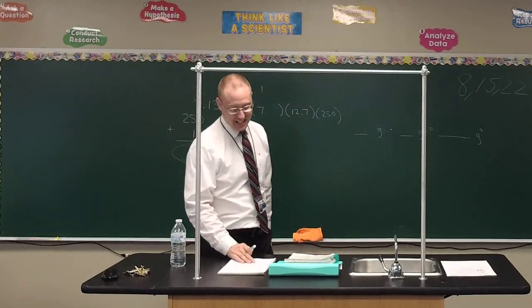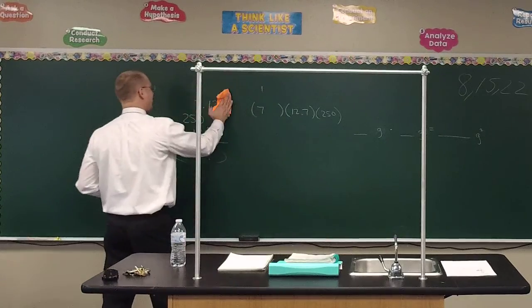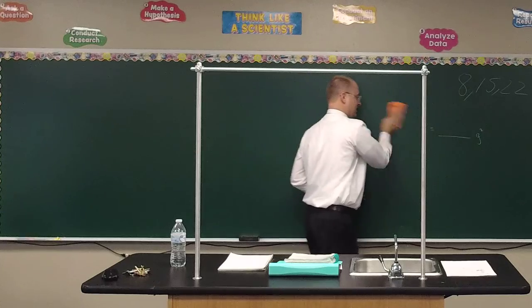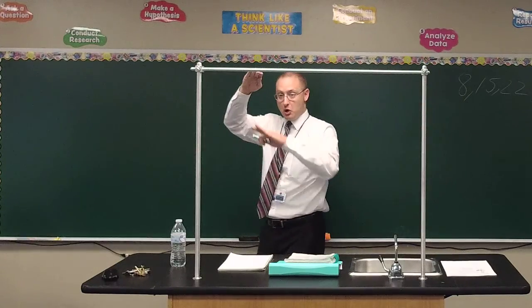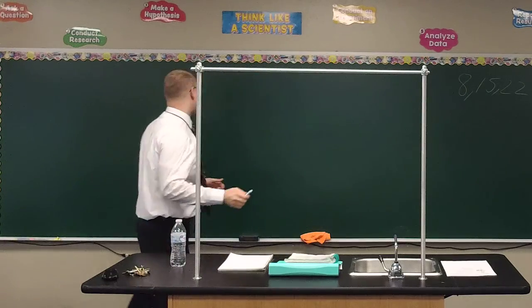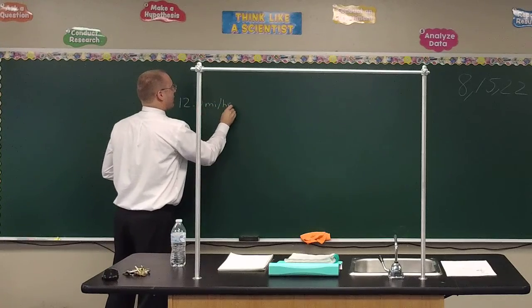All right, let's practice with a little of these units as we do something called dimensional analysis. Remember, the key to dimensional analysis is using fractions to get rid of units, canceling units as you put units over the same units. Let's start with something like 12 miles per hour.